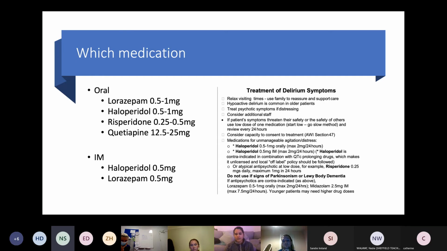But I never really want to prescribe this as a regular PRN, especially IM, because it shouldn't really be used outside of an advanced care practitioner or a doctor saying that it's an appropriate thing to be using. We should be establishing people on oral medication and giving it covertly if it's needed as a long-term basis, rather than that sort of PRN.